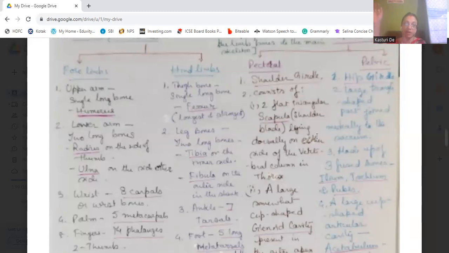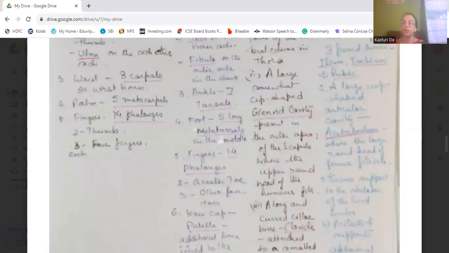This bone is radius and this side is the ulna. Now the wrist has 8 carpals. Palm has 5 metacarpals. And fingers have 14 phalanges, 2 in the thumb and 3 in the other 4 fingers.